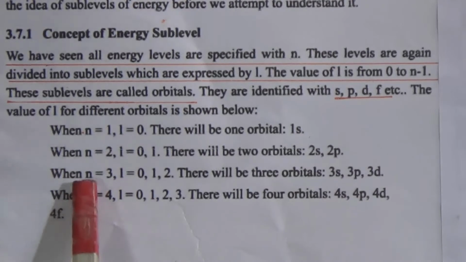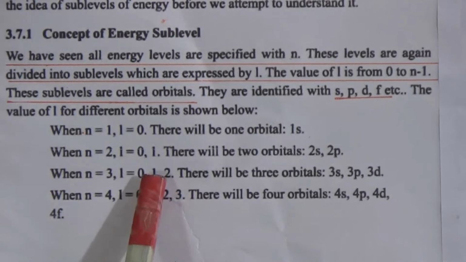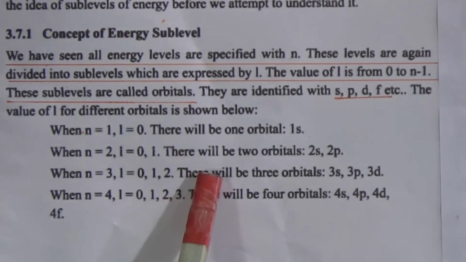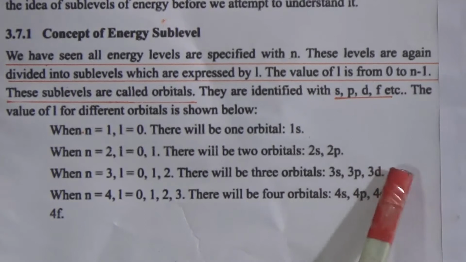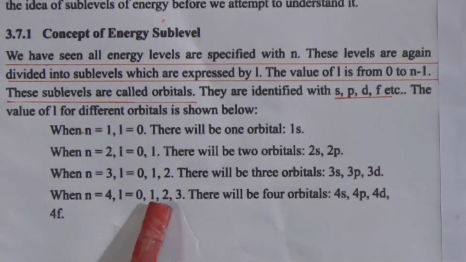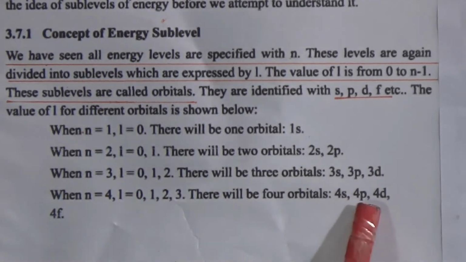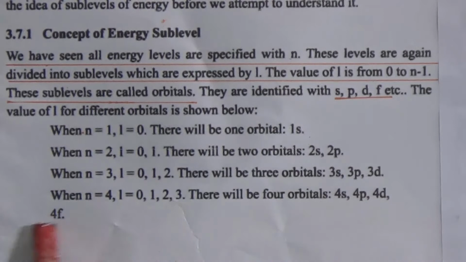And come to when N is equal to 3, then L is equal to 0, 1 and 2, there are 3 orbitals, that means 3s, 3p, 3d. And when N is equal to 4, then L is equal to 0, 1, 2, 3. There will be 4 orbitals, 4s, 4p, 4d and 4f.